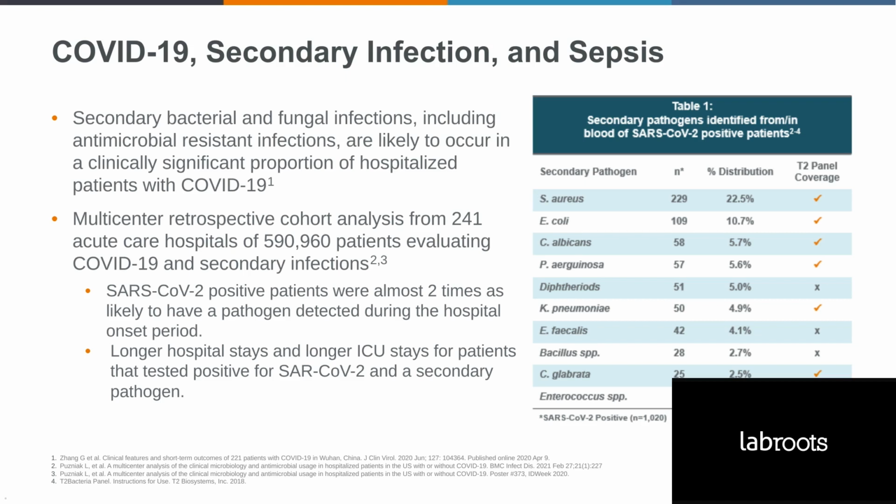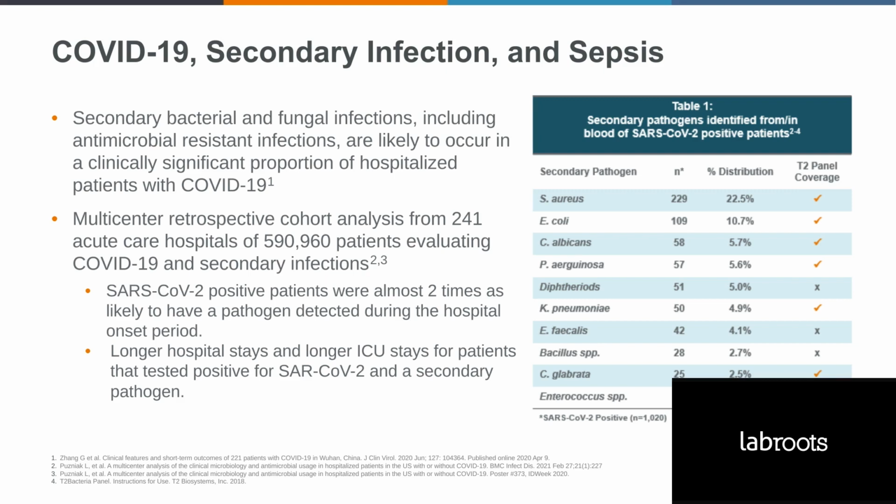It showed that COVID positive patients were almost 2 times as likely to have a pathogen detected during the hospital onset period, and had longer hospital stays and longer ICU stays if they tested positive for SARS-CoV-2 and a secondary infection pathogen.